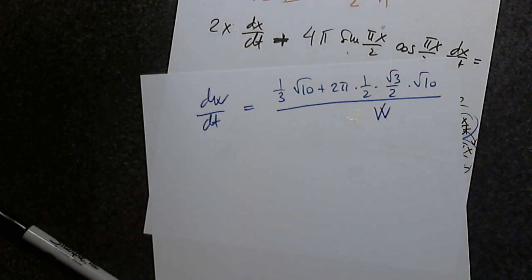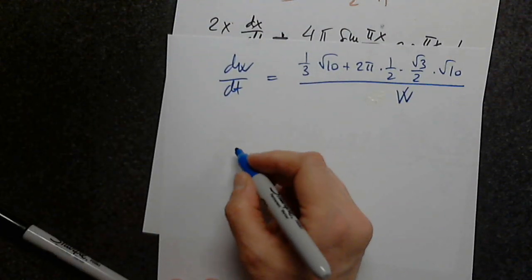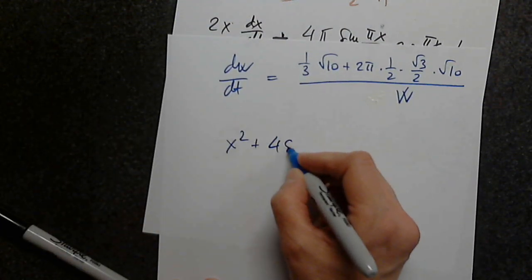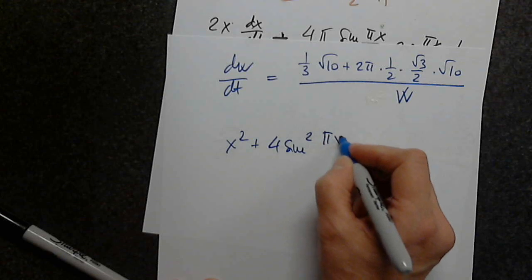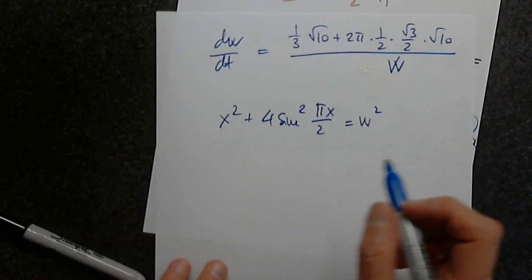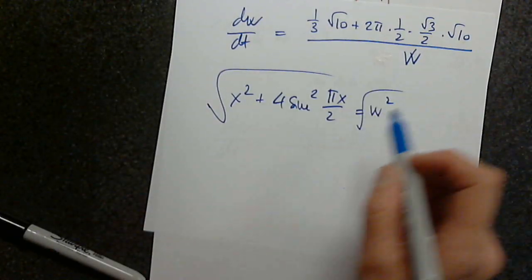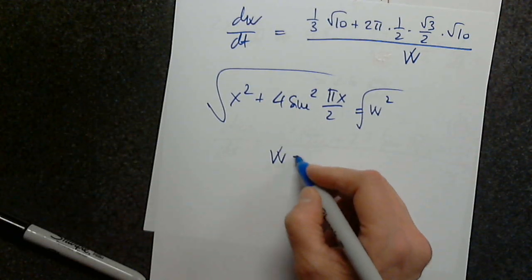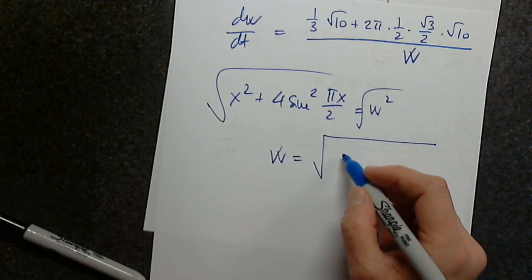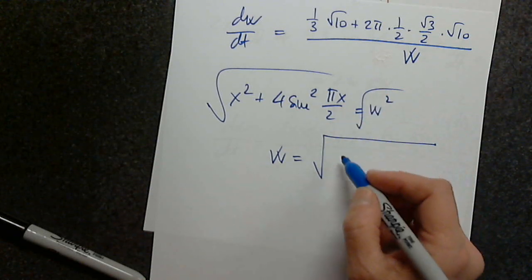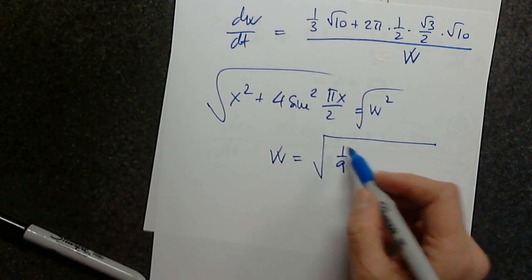Okay. So I'm going to write the original equation one more time. This is x squared plus 4 sine squared pi x over 2 equals w squared. I will take the square root. You cannot simplify this. So w is the square root of x, which is 1/3 squared, 1/9, plus 4.